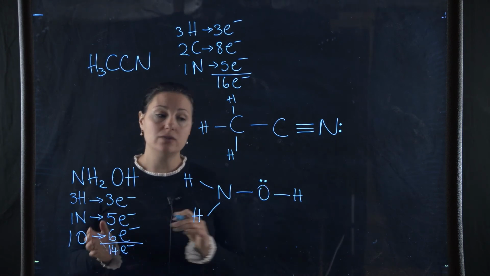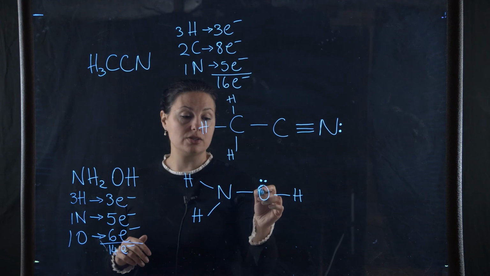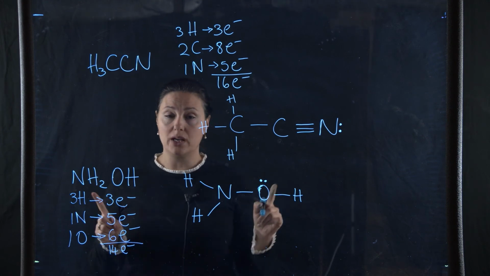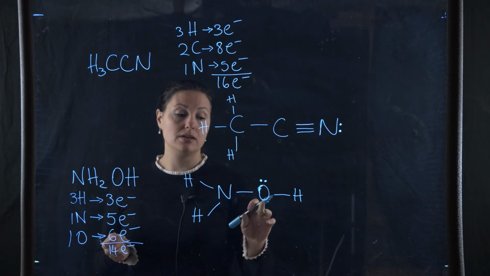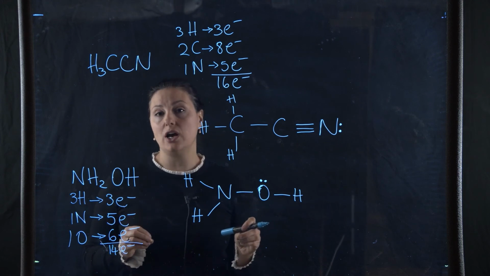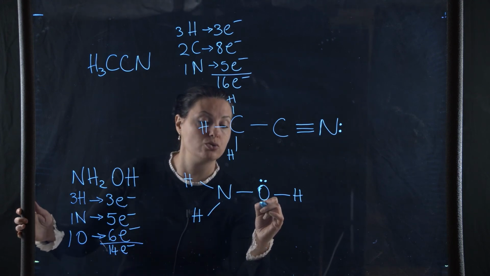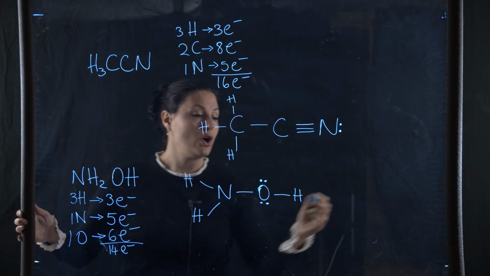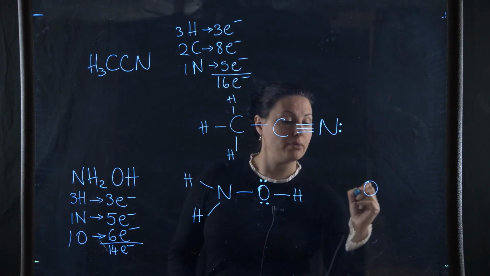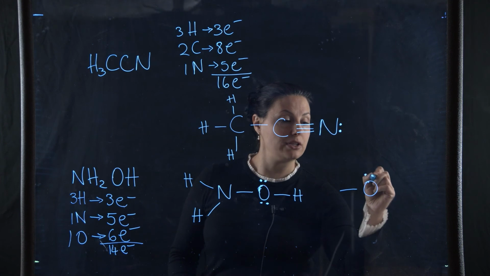Remember in that slide where we talked about the oxygen forming 2 bonds and having 2 lone pairs. So pretty much every time you see an oxygen in general, it would either have 2 bonds and 2 lone pairs, just like this, or oxygen can also have 1 bond and it will have 3 lone pairs.